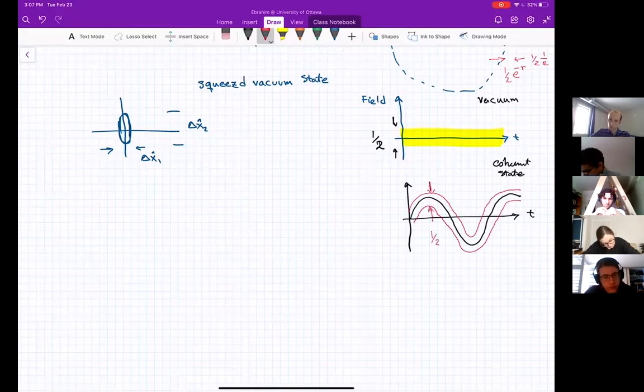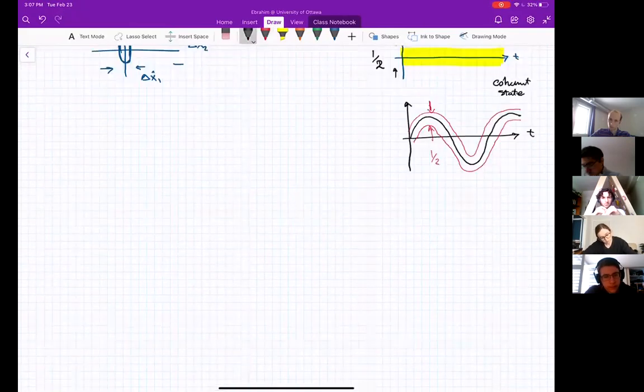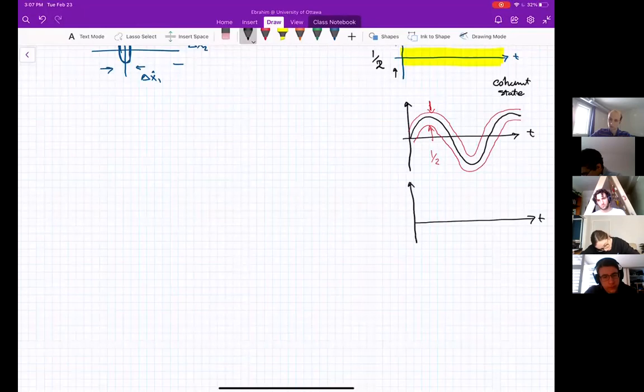Again, what is happening for the case of the squeezed state? Well, let's go simple, squeezed vacuum.